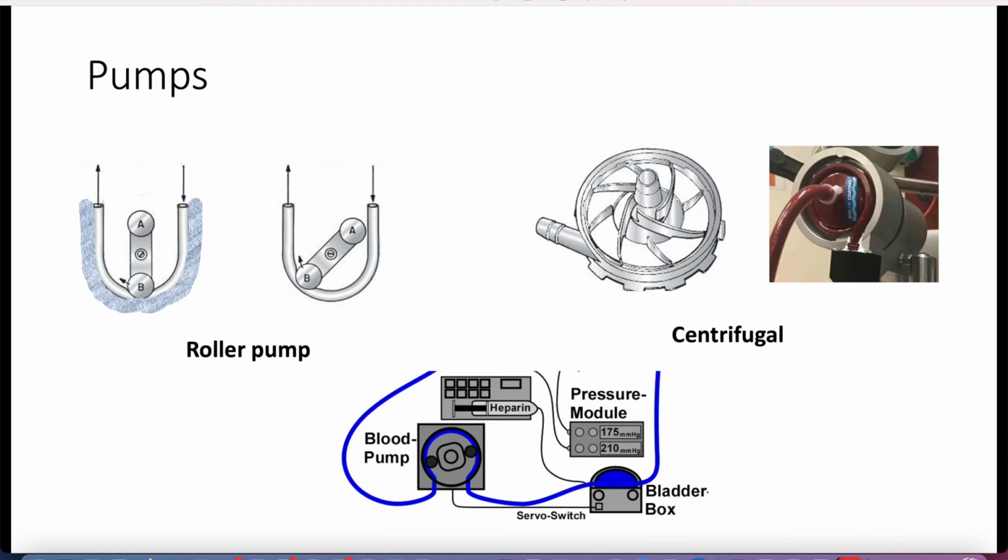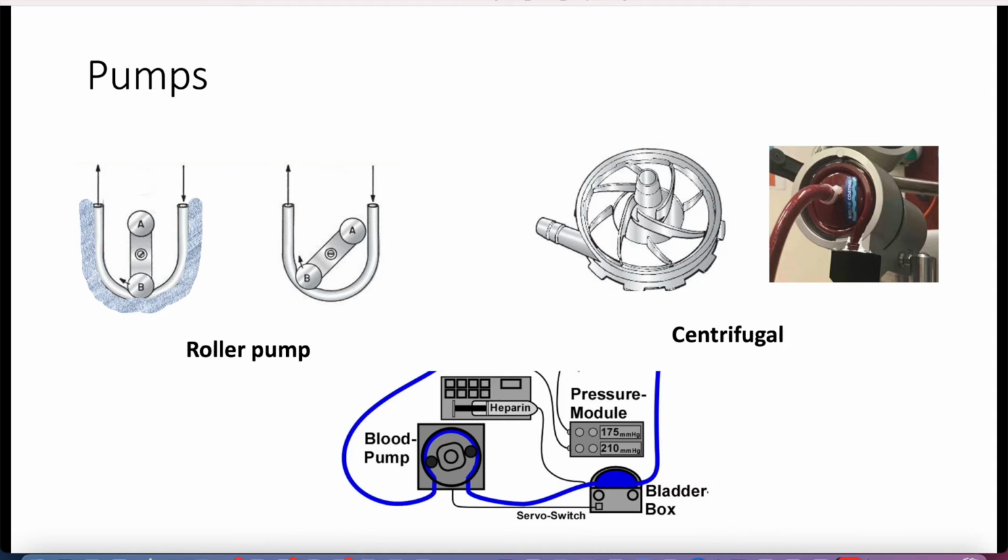A major disadvantage of this pump is that if there is an obstruction to the arterial line, for example, someone accidentally clamped or the line got kinked, the pump will keep pushing blood continuously, building up the pressure on the arterial side, which may lead to blowout.